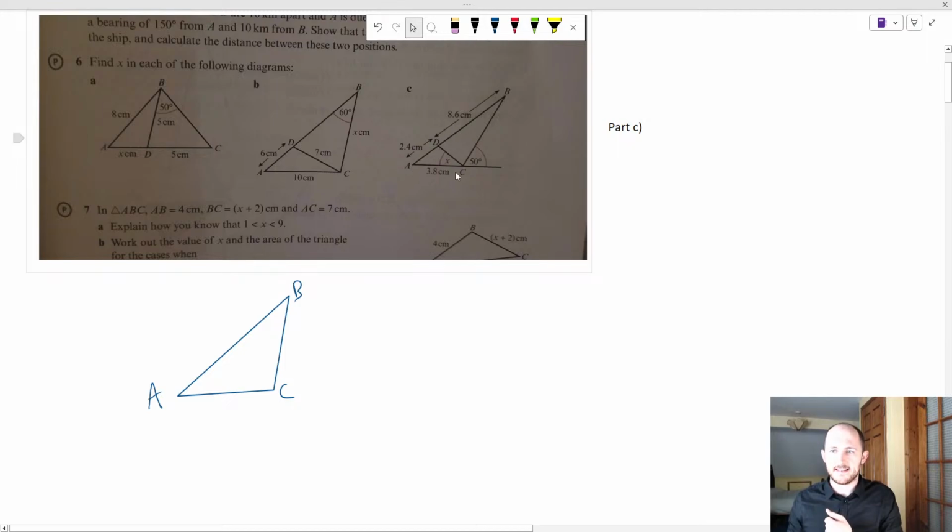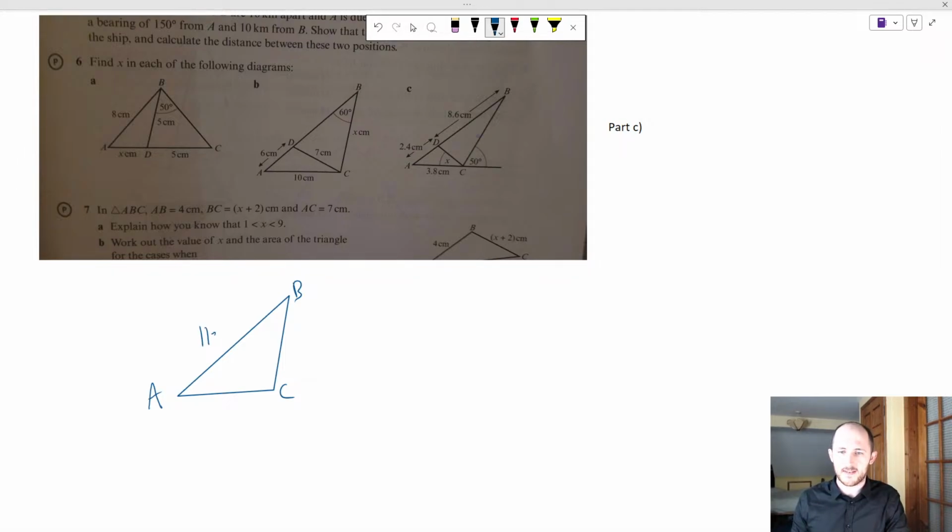If I look at ADC, I have two sides and that's it. But if you look at ABC, this side here is 11 centimeters because it's 8.6 add 2.4. And we actually know this angle here, because this is a straight line, so 180 minus 50 should give us that angle. So we actually have two lengths, and that's also 3.8, I didn't write that down, and 130 degrees.